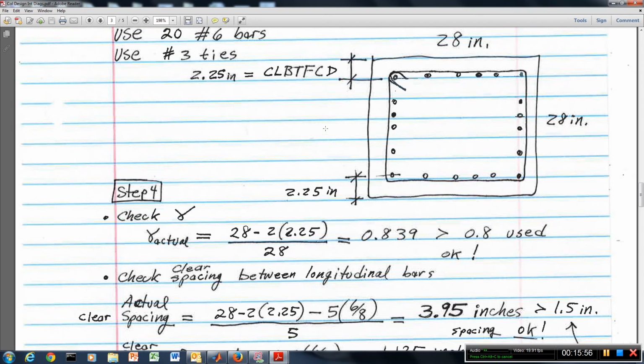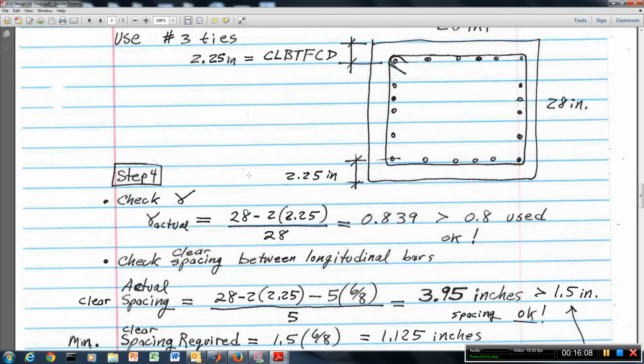We want to have 0.8 or greater. If we don't have that, we're going to have to start over and choose a chart that is different than the one we had. So now I'm going to check gamma.